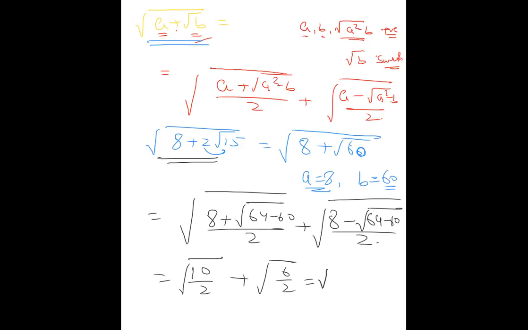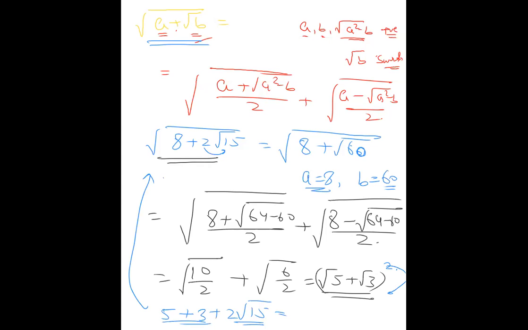So this is coming as root 5 plus root 3. If you want, you can square this and recheck. If I square it, it is a square plus b square plus 2ab, and you get the same 8 plus 2 root 15 that was above.